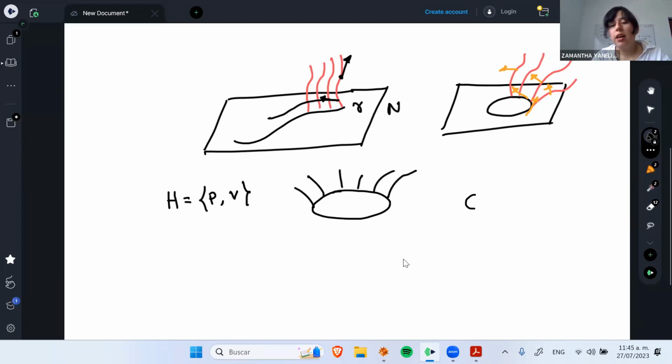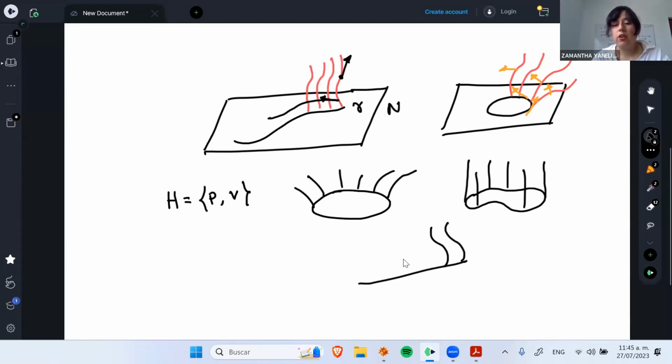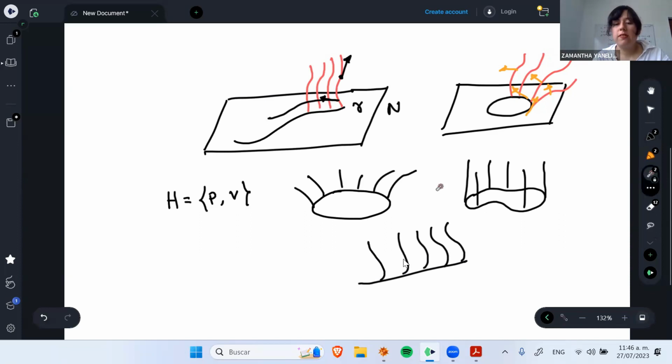It could be a surface that is a cylinder. That's two. Or it could be a line, and we connect also here a certain curve. So we have these three possibilities under this condition.